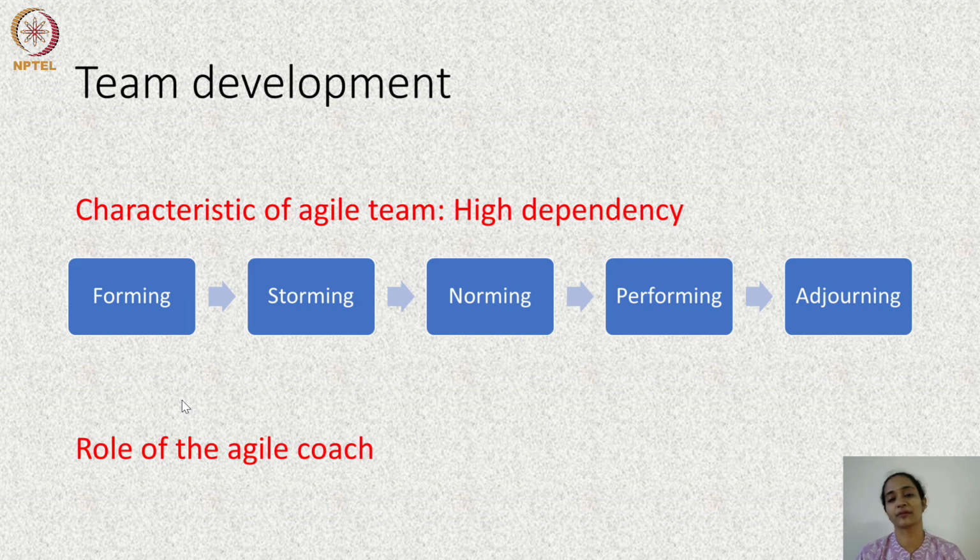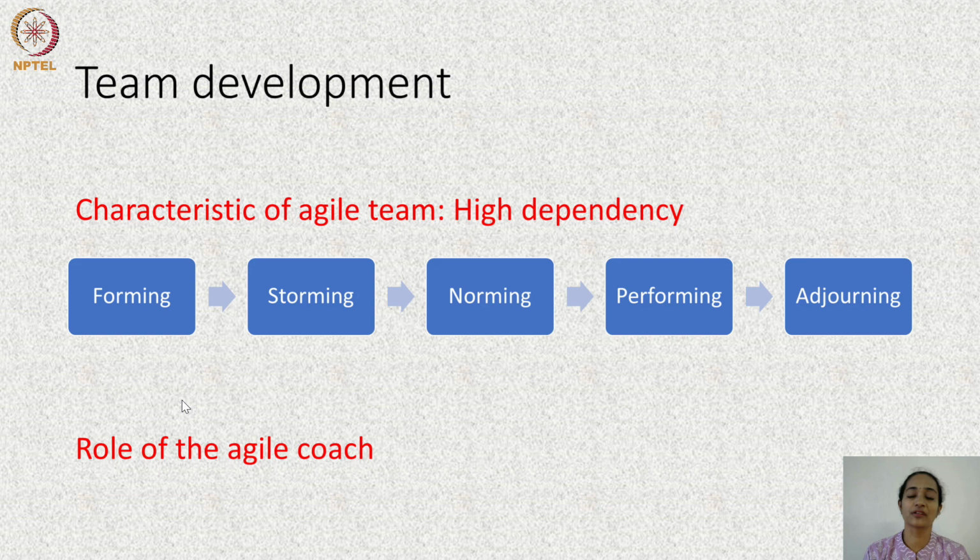phase is not important. Now, the importance of the 5 stages of team development model is that teams do not rush into the performance phase unless they go through the forming, storming, and norming phases properly. And we would have seen the structure of the team where I said that there are 3 important roles in Agile teams.